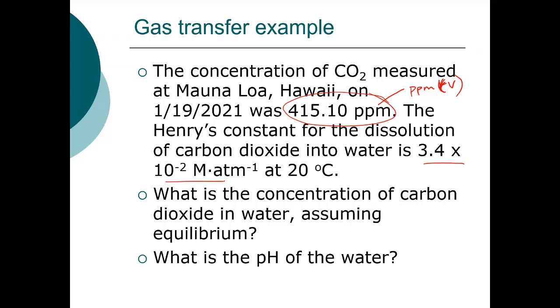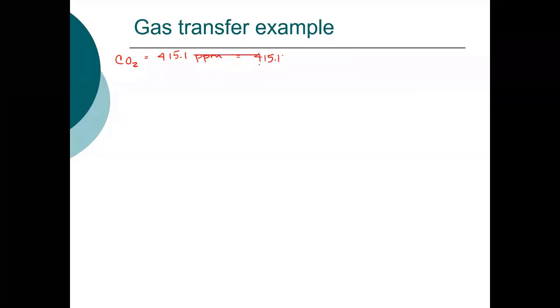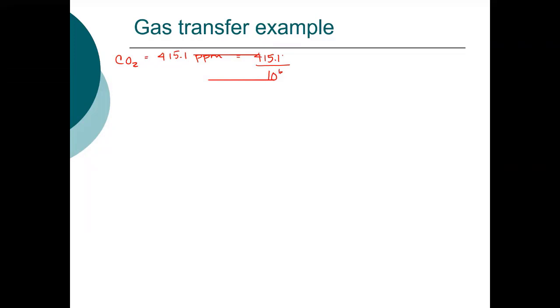And then we can ask, what is the pH? So to find the concentration, we're told that the concentration of CO2 is 415.1 parts per million. That is equivalent to 415.1 volumetric units per 10 to the 6 volumetric units.